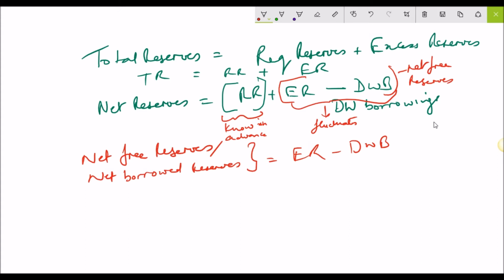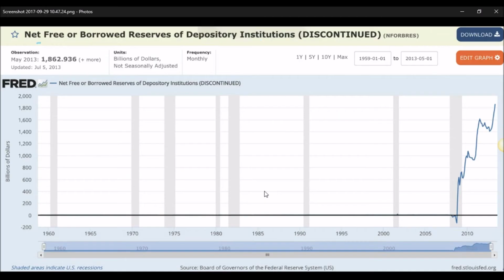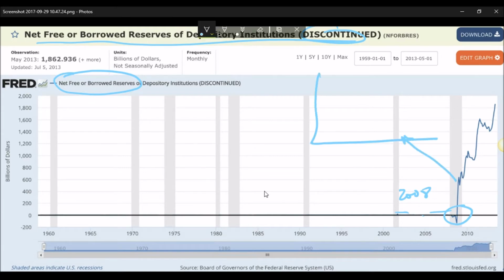This difference is known as net free reserves. If the difference is positive, which is that the excess reserves are greater than the borrowing requirement, then the reserves are called net free reserves. Net borrowed reserves are when the borrowings are greater than the excess reserves. Obviously, net free and net borrowed reserves are essentially the same except for the sign.